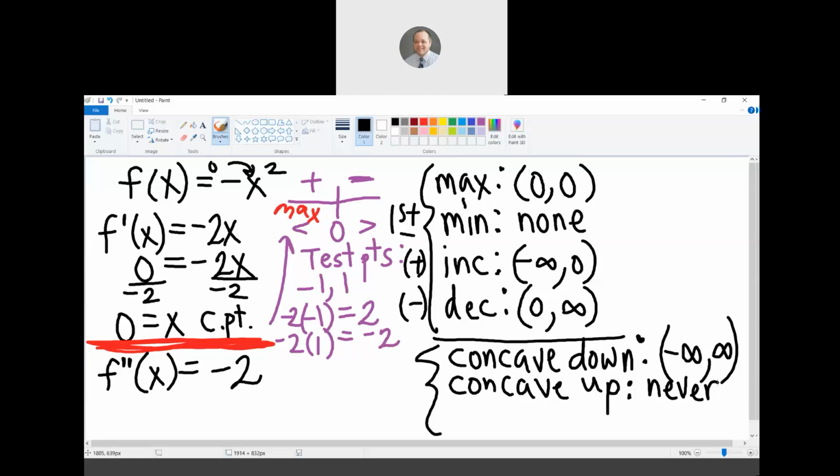And to find the possible turning point or inflection point, we would need to find the critical value. Well, there's no critical point here because our second derivative is constant. So there are no inflection points either.